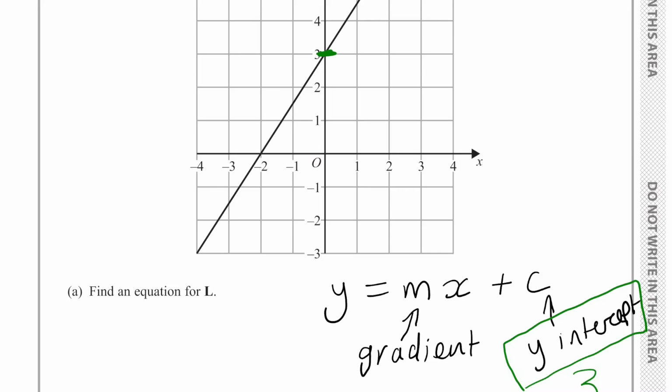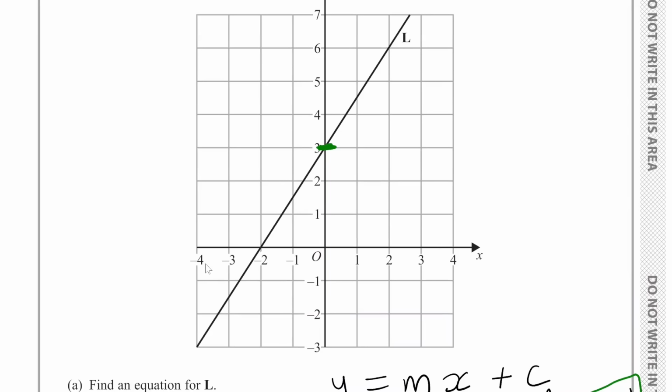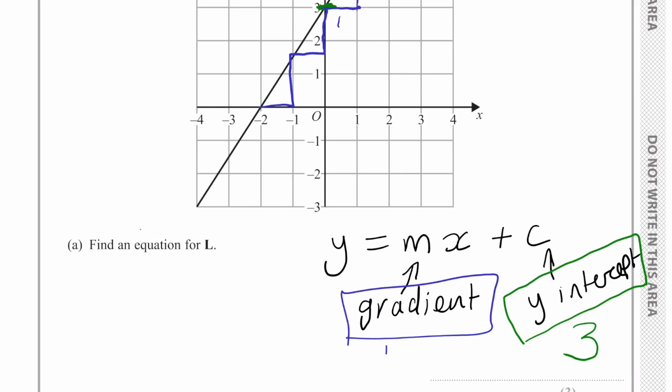It crosses at 3. The gradient is, for every 1 we go across, how much do we go up or down? So if we go across 1, we go up 1.5. So for every 1 we go across, we go up 1.5.